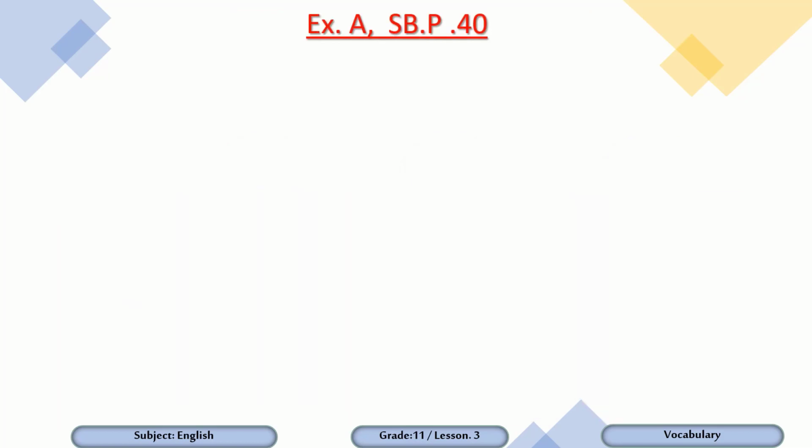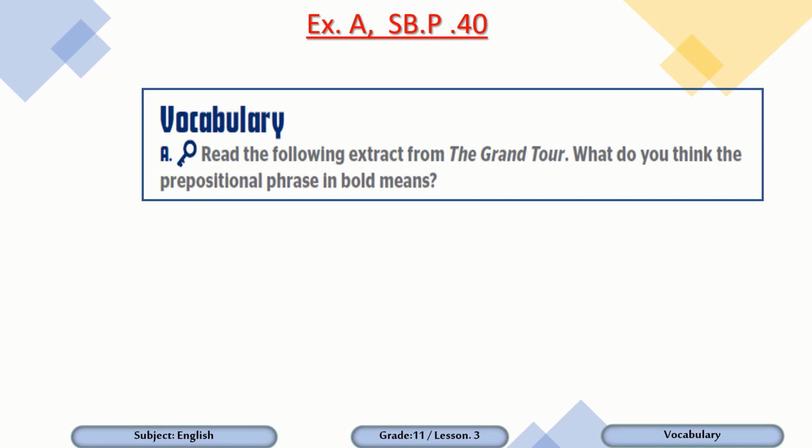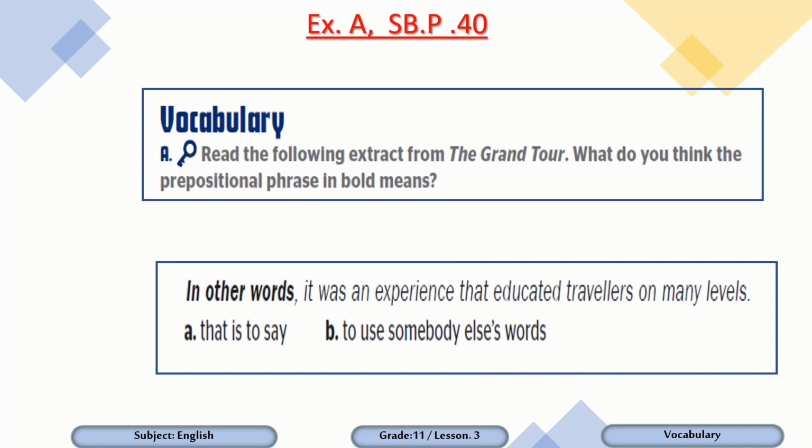Student's Book, page 40, exercise A. Read the following extract from the Grand Tour. What do you think the prepositional phrase in bold means? In other words, it was an experience that educated travelers on many levels.